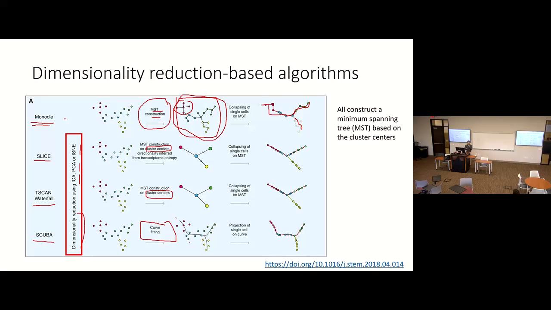There are different computational techniques you can use. No one can say which method is correct, as long as you build a trajectory, and it really depends on the downstream biology and how you interpret the results.